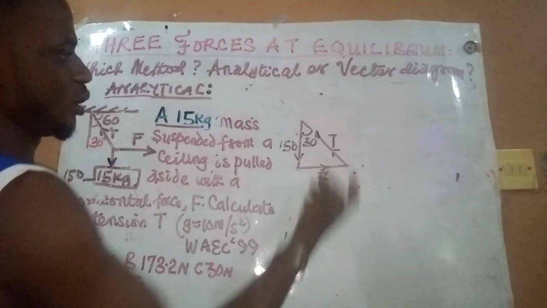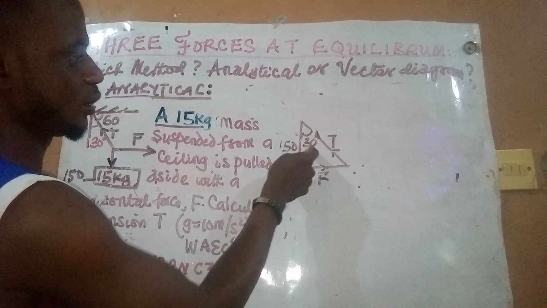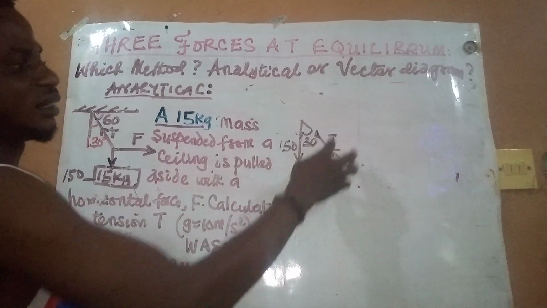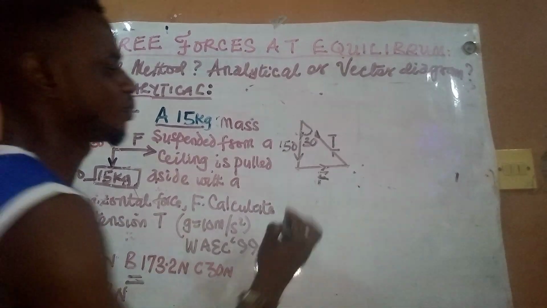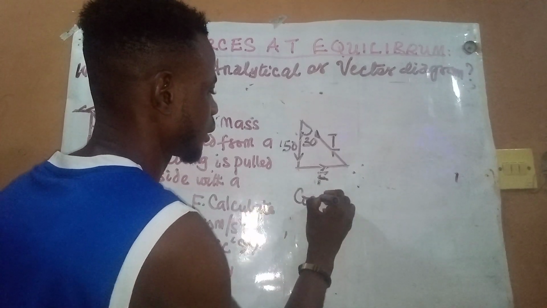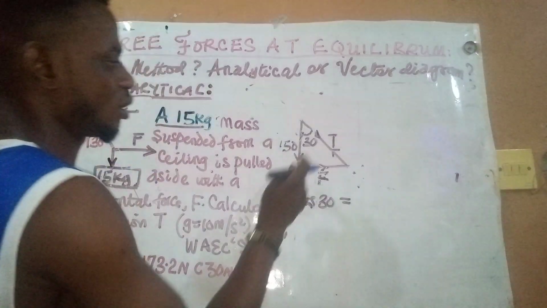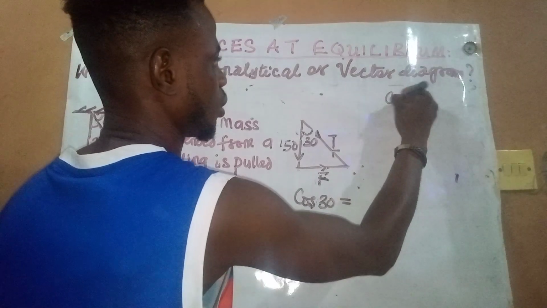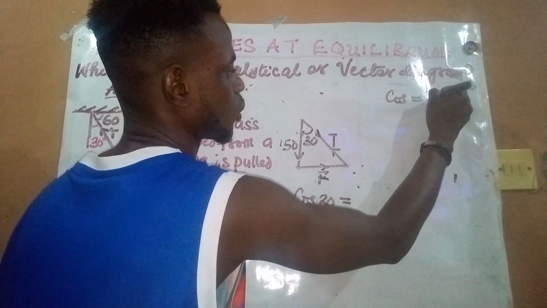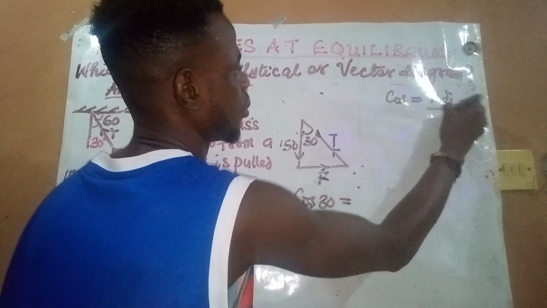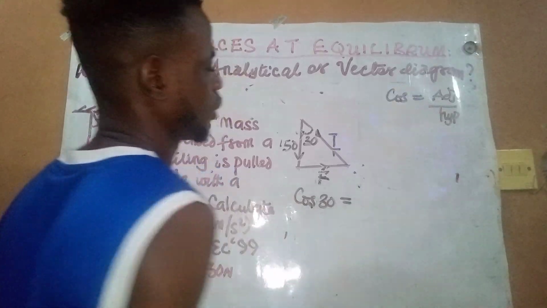Now we're looking for T, and we have the adjacent of 30, which is 150, and T is the hypotenuse of the triangle. So we can simply say cos 30 equals adjacent over hypotenuse.